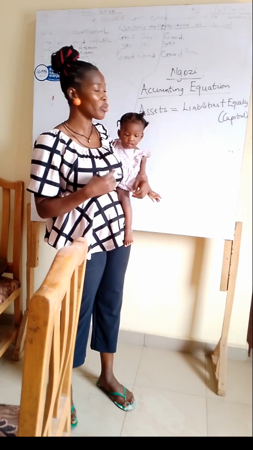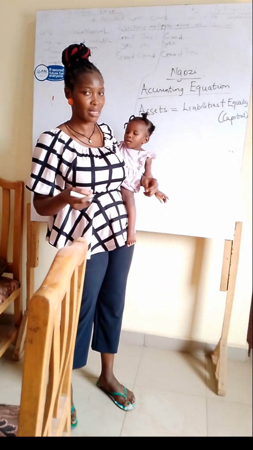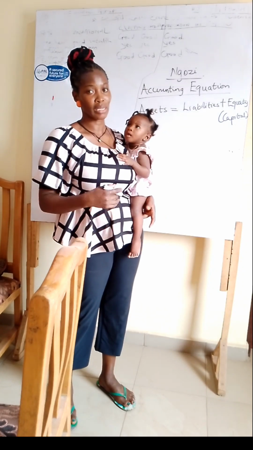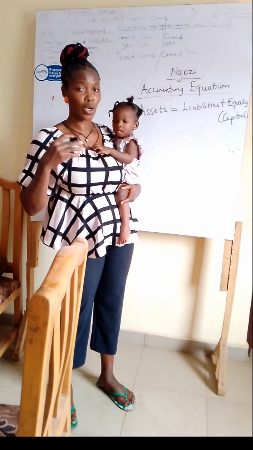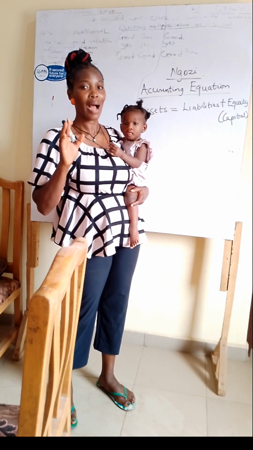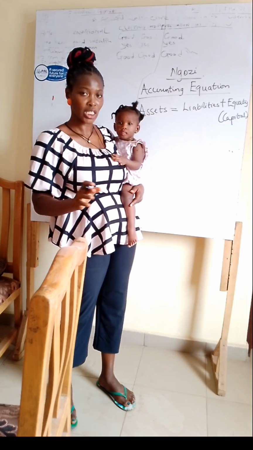This topic is going to bring up a whole lot of other topics that I will take in future classes. But I have to bring them up in detail so that we can understand it properly. Like I said earlier, the accounting equation helps you as an accountant to know when your account has been balanced, particularly your balance sheet.